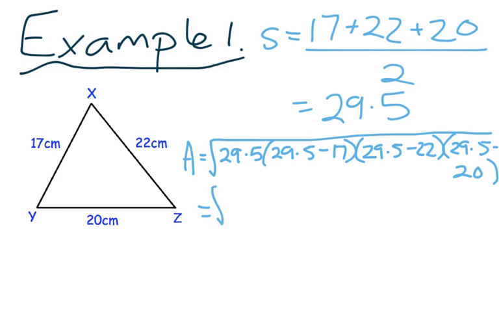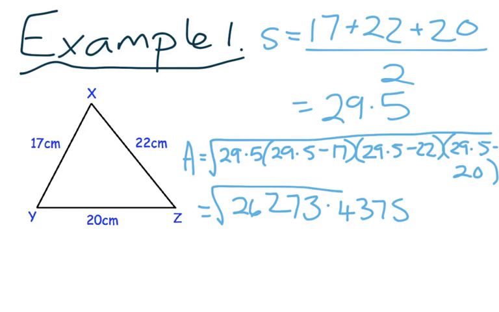And that equals 26,273.4375. My recommendation here is to not round until the very last moment, which is when you do the square root. And once you do the square root of that, you should get an area of 162.1 square centimetres to 1 decimal place. And that's how you use Heron's formula.